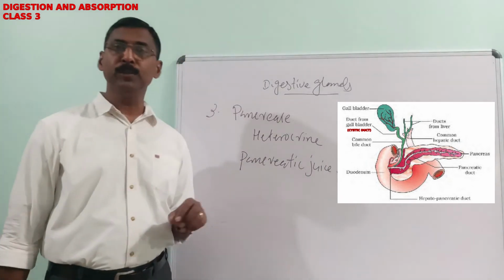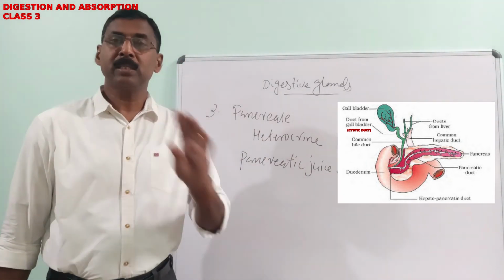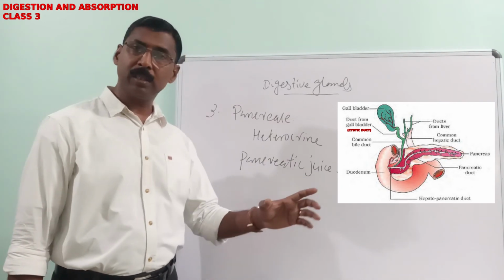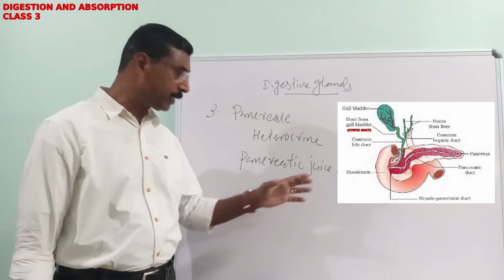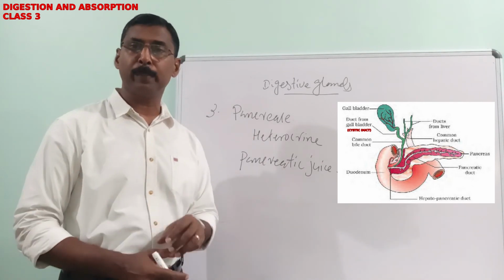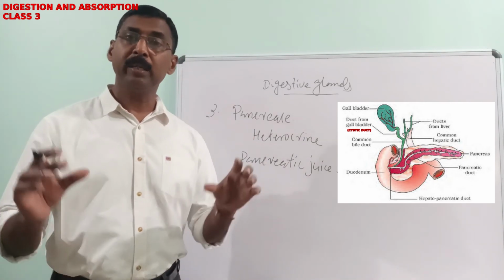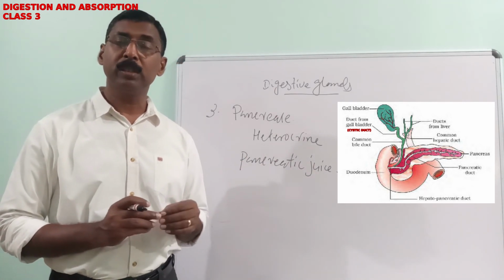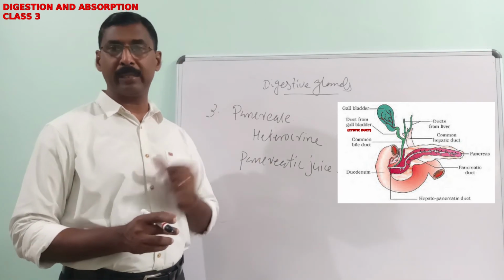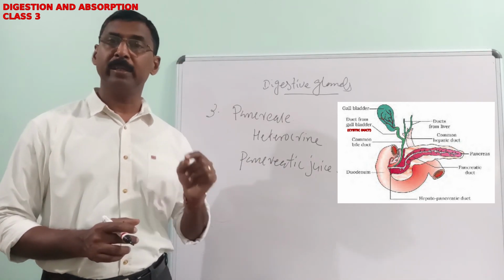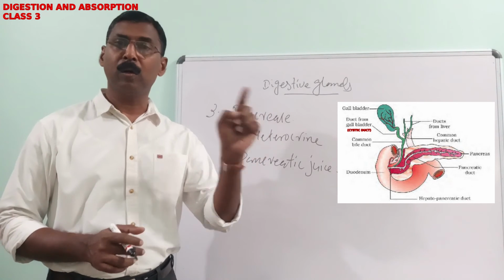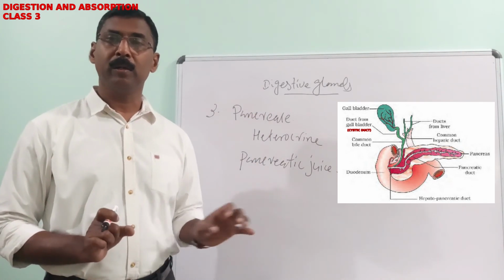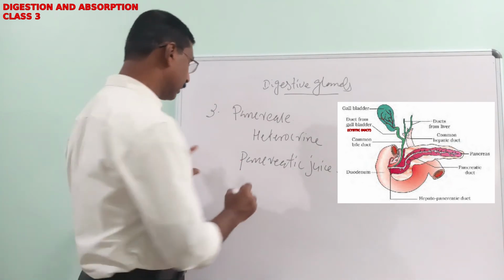This pancreatic juice is secreted by pancreatic cells, and it is collected from different parts of the pancreas by small pancreatic ducts. These small pancreatic ducts join together to form a large pancreatic duct, and this large pancreatic duct joins with the common bile duct to form a common duct called the hepatopancreatic duct.